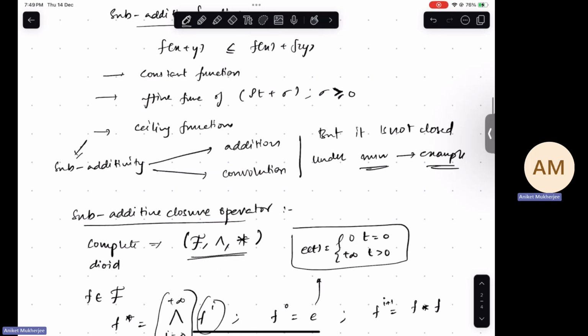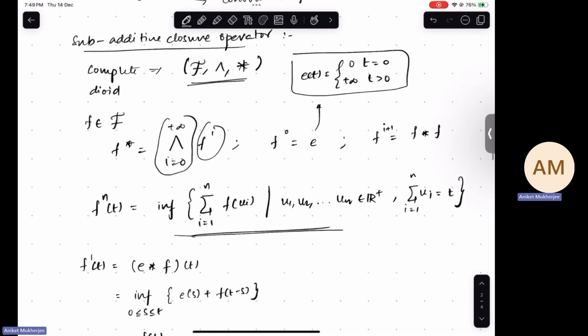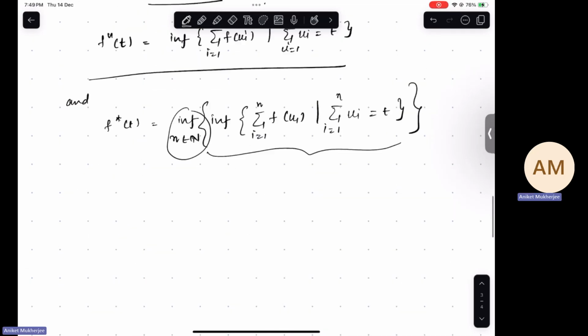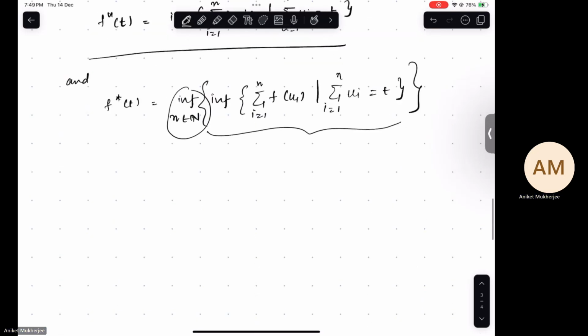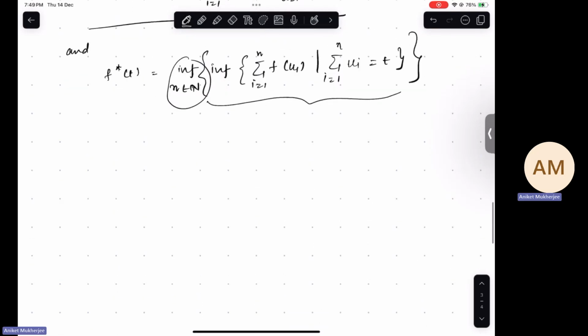So this is the subadditive closure operator. Okay. Next. So we'll give an example of the subadditive closure operator.